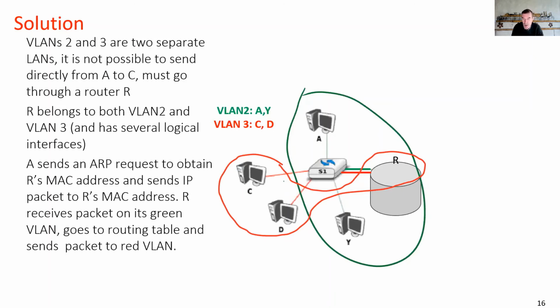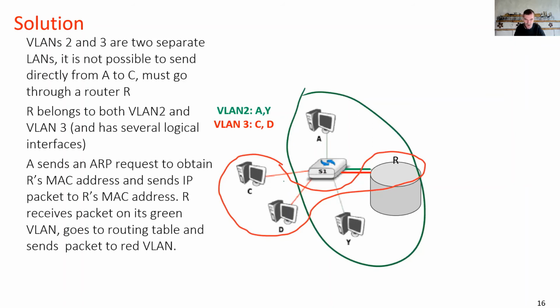If you have only a switch with two virtual LANs, they cannot communicate together. It's as if you had two Ethernet networks and there is nothing in between, then they cannot talk to each other. So then you must have a router, because one of the principles of IP is, between two Ethernets, either you bridge them together and they become one big Ethernet, or you put the router in between.